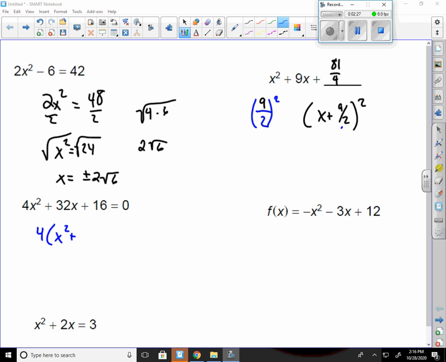Gives me x squared plus 8x plus 4. I could divide by 4 on both sides. It's going to give me x squared plus 8x plus 4 equals 0. Subtract the 4 over. x squared plus 8x equals negative 4.